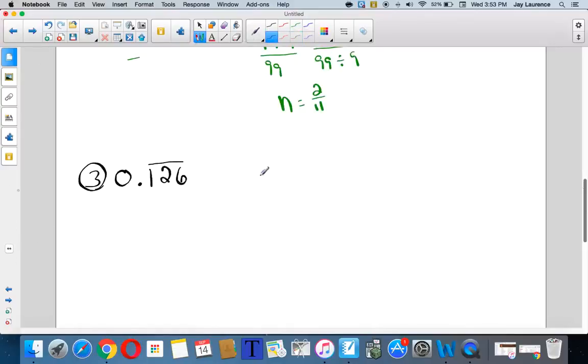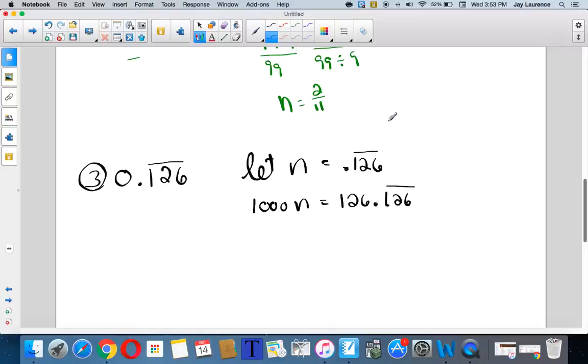One more example. So I'm going to let n equal 126 1,000ths repeating. I'm going to multiply by, what's that? You got it, 1,000 on both sides. The decimal point is going to move 1, 2, 3 places. And then the repeating decimal will be left.